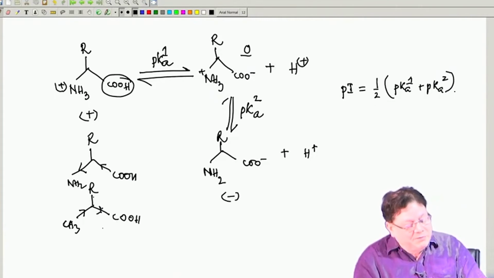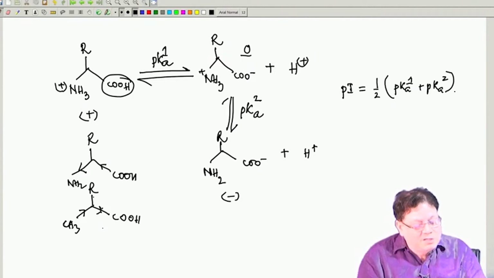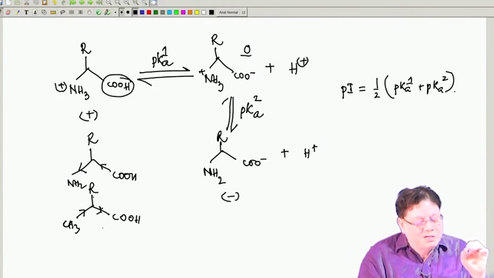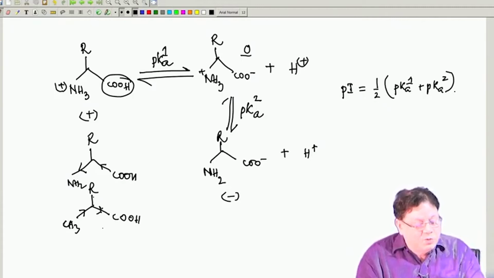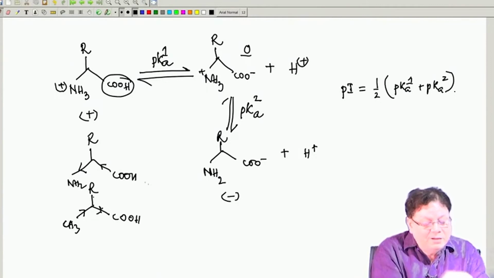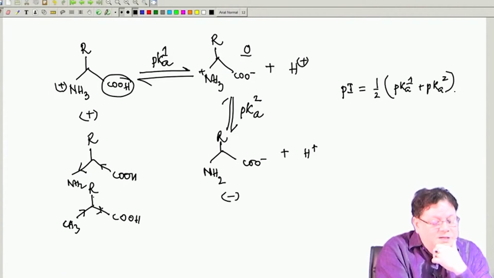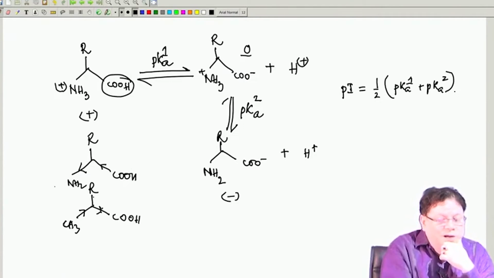In this case the opposite effect is happening, and here if electron is pumped towards this carbon, then there will be less tendency of this oxygen to release the hydrogen, because nobody wants a concentration of charge on a particular atom. The more delocalized it is, the better. So, this H will be released at a pH which will be higher than this hydrogen, because this hydrogen release will be facilitated by the electron withdrawal of the nitrogen.